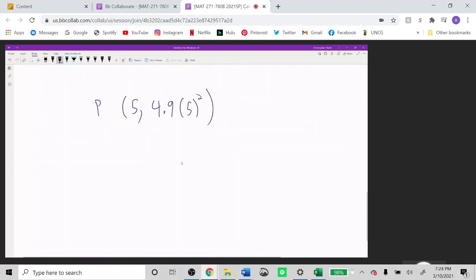And then we can establish another point Q, which is 5 plus some h amount of time, comma, 4.9 times 5 plus h squared.